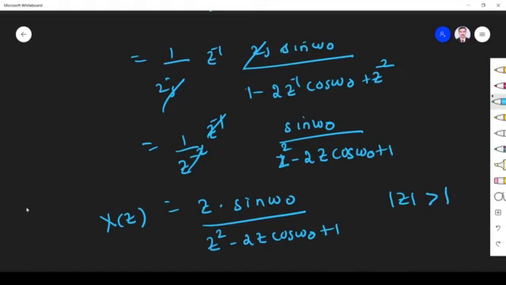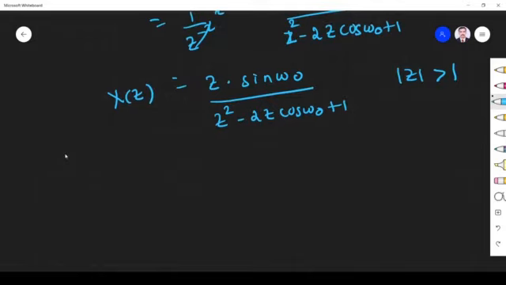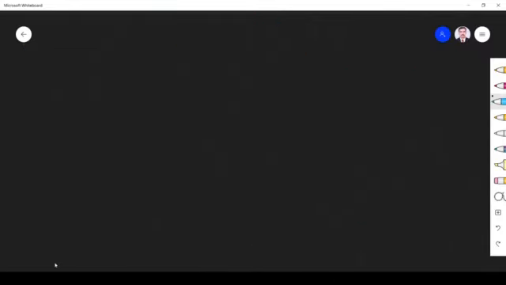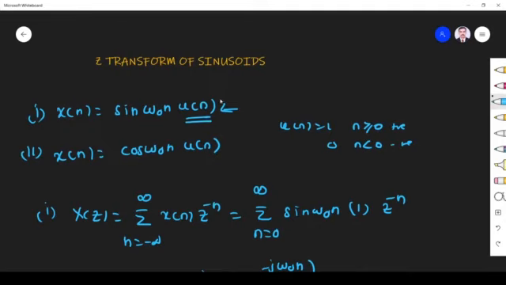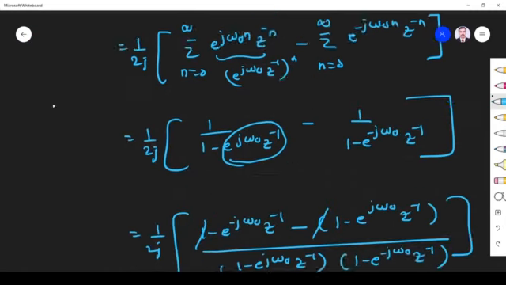Right? Why must mod z be greater than 1? We see, we know e^(jω₀) z^(-1) must be less than 1. It is a right-hand side sequence only, right? So this is a right-hand side sequence. For a right-hand side sequence, mod z must be greater than a, so this factor must be less than 1, right?